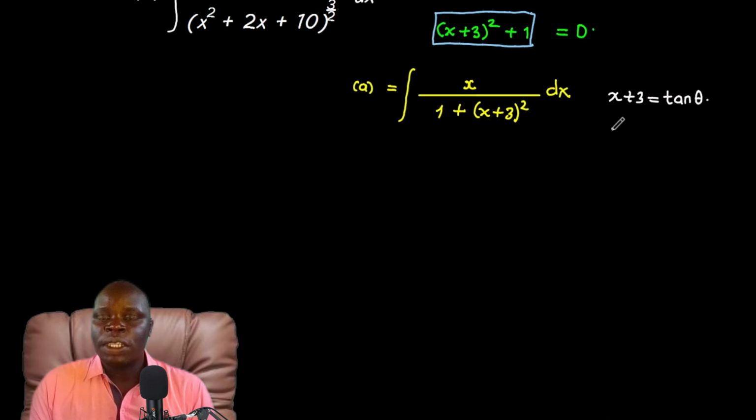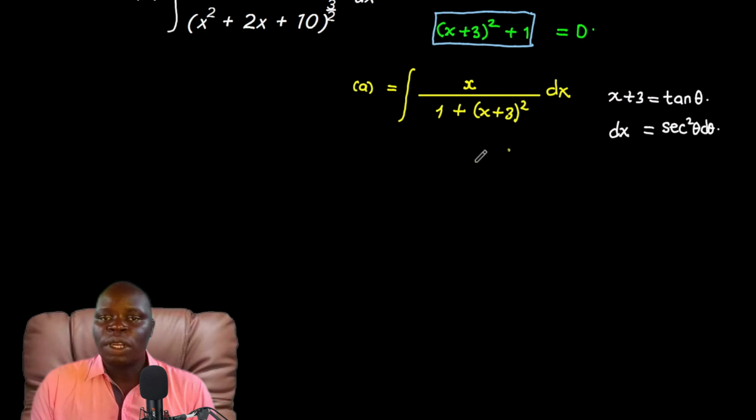Let's differentiate the left hand side with respect to theta, and we have dx. So the right hand side is secant squared theta d theta, because if you differentiate a constant, it goes to 0. So the derivative of x is 1. 1 times dx is just dx.